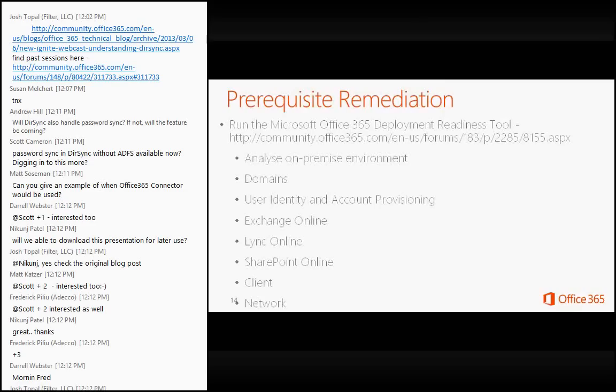It'll list any of the objects that need remediating and tidying up, because some objects may not synchronize up to Office 365 if they're not formatted correctly, and therefore you wouldn't get the unified GAL. Directory Sync would report that some objects are not synchronizing, but if you do this work up front, then hopefully by the time you start Directory Sync, you'll get a clean synchronization straight into Office 365.